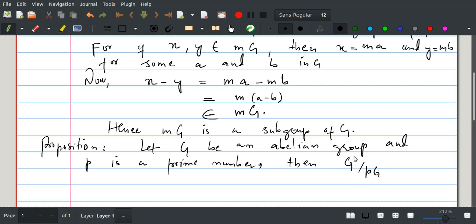So we claim that this G mod PG has a vector space structure. Then G mod PG is a vector space over Z mod pZ, where Z mod pZ is a finite field.